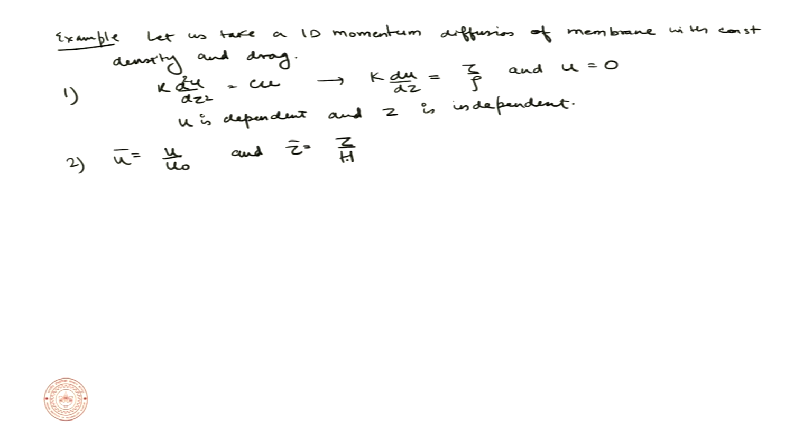Right now we do not know what u naught is. We have just scaled u with the variable u naught and we have scaled z bar with the variable h. What is h? h is the thickness or the depth term, the depth of vibration of the membrane.